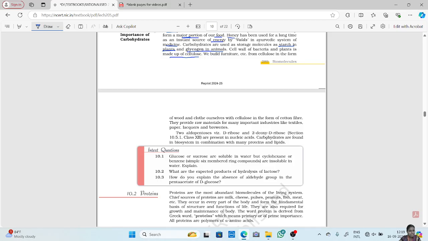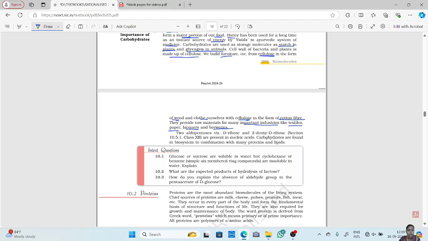All our furniture is made up of cellulose from wood, and the cloth we wear is made of cellulose in the form of cotton fiber. They provide raw materials for many important industries like textiles, paper industries, lacquers, breweries etc.